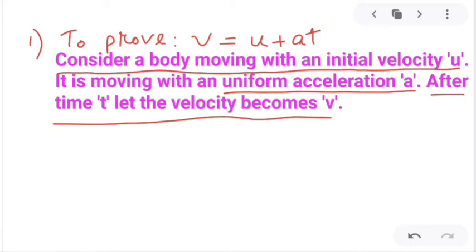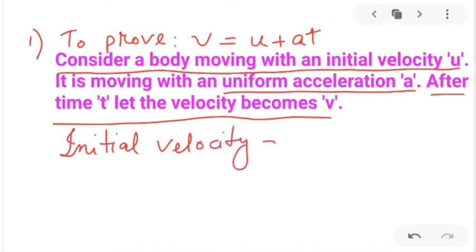So the initial velocity is equal to u, final velocity equal to v, and time is t.